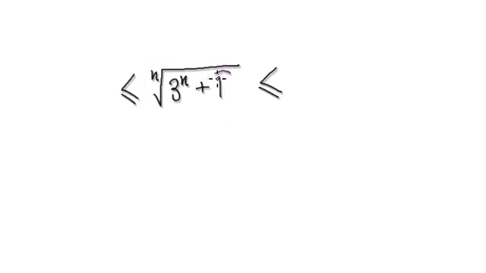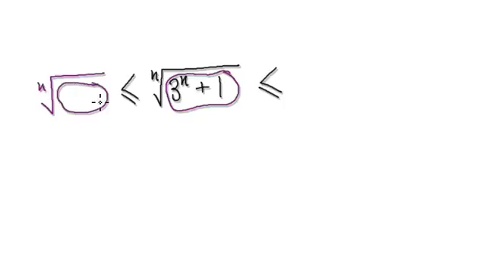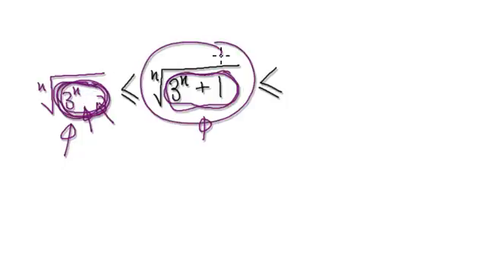If you look at this here, you're taking the nth root of this bubble here. If you make this bubble smaller by just removing this one here, then because this bubble is smaller, when you take the nth root, it must be smaller than the original. Comparing this bubble with this one, it is smaller because you're omitting the one.